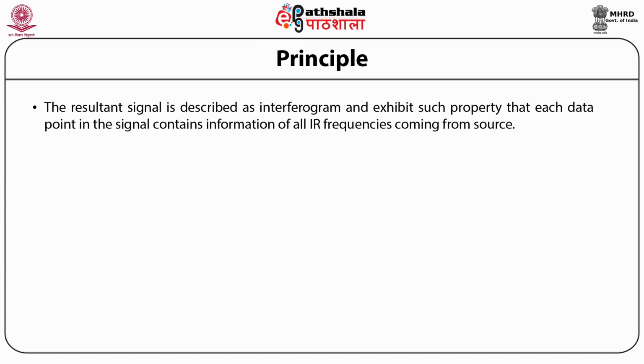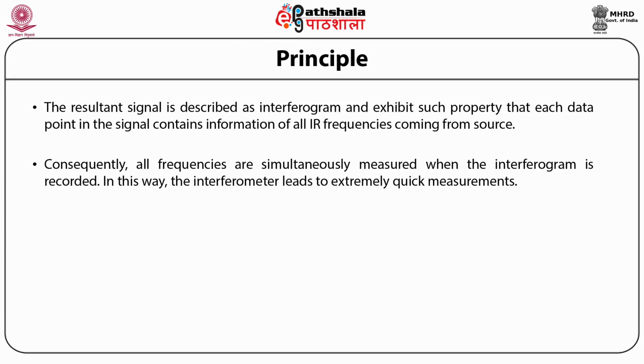The resultant signal is described as interferogram and exhibits such property that each data point in the signal contains information of all IR frequencies coming from source. Consequently, all frequencies are simultaneously measured when the interferogram is recorded. In this way, the interferometer leads to extremely quick measurements.